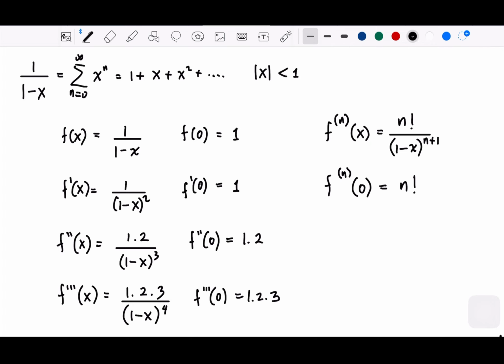So when we compute the coefficient, which is the nth derivative of f at 0 over n factorial, this is the one that we discussed last week, right? Then this will be n factorial divided by n factorial, which is 1.